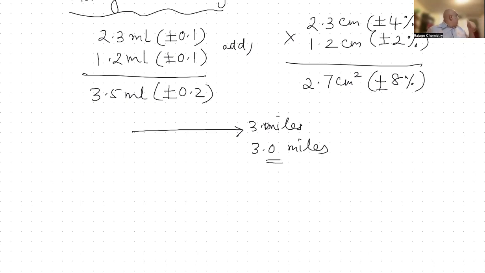When we say 3.000 miles, then these two 0s also become significant. So it depends on the problem: when they give significance, then that number automatically becomes significant. So you should be aware of this.